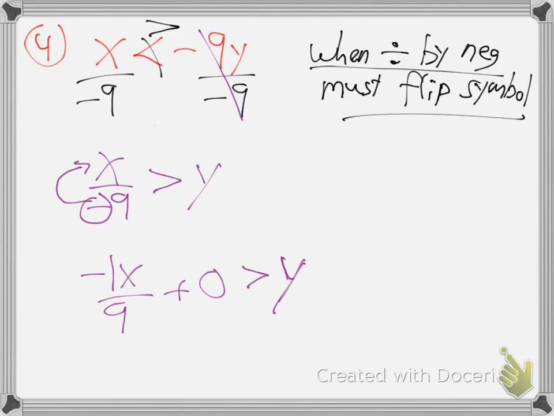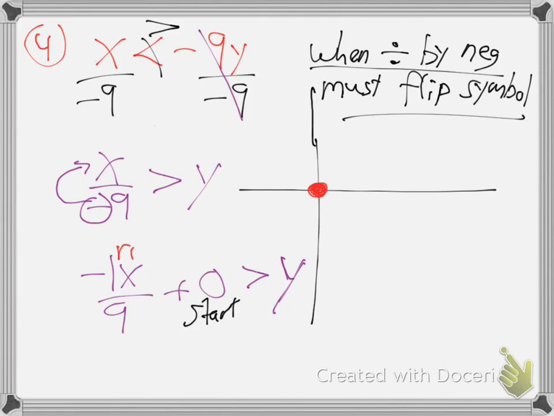So graph from there. Okay, so let's graph this thing. So where do we start? Start at 0, right smack in the middle. There it is. And then where do we go from there? This is rise over run.